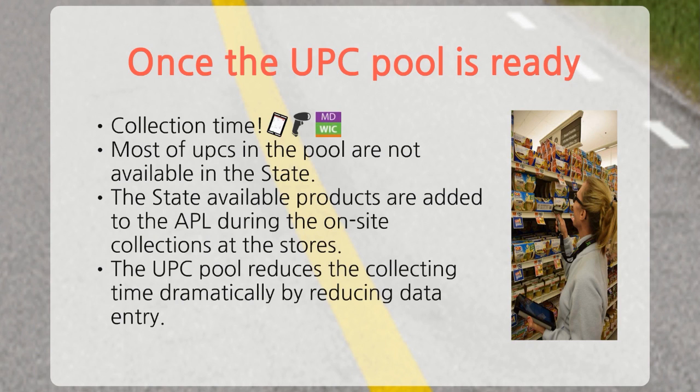When the collector scans a product, if the product information is in the pool, the software simply pulls out that information and shows it to the collector. The collector simply verifies the information, and if everything's okay, then he saves.